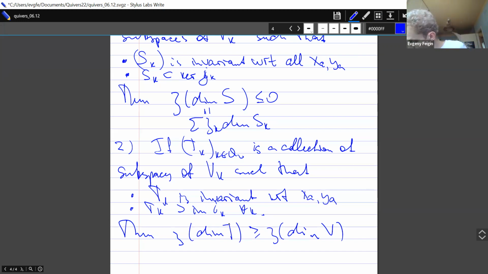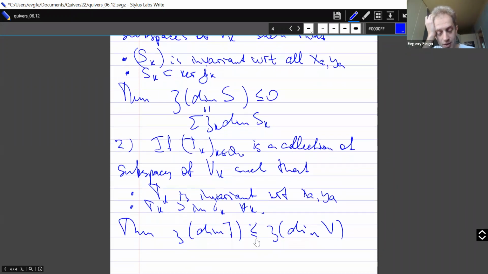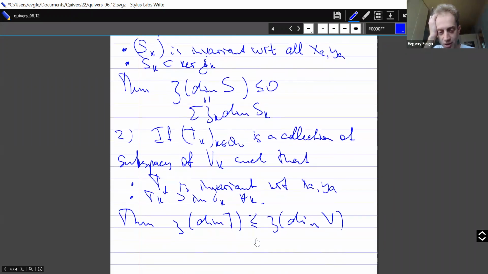Should it be greater than or equal or less than or equal? Let's see. I think less than or equal, but we'll see in a minute. Okay. So is it clear what's written here?